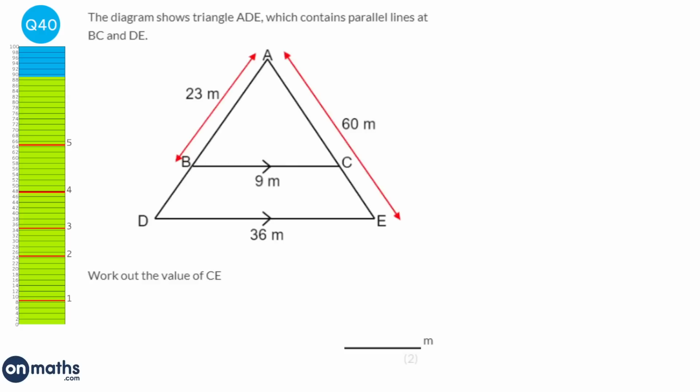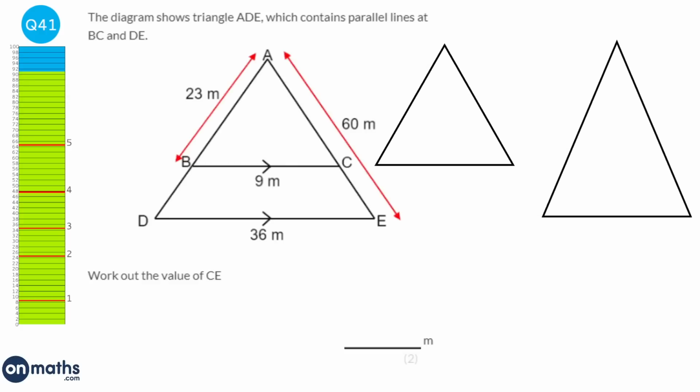I'm going to first of all draw the two triangles out separately. And we've got A, B, C, and then A, D, E. And the first thing to notice is we have similar triangles here, and the way we know that is that we've got an F angle here, which means they're corresponding on the two parallel sides, so these two angles are the same.